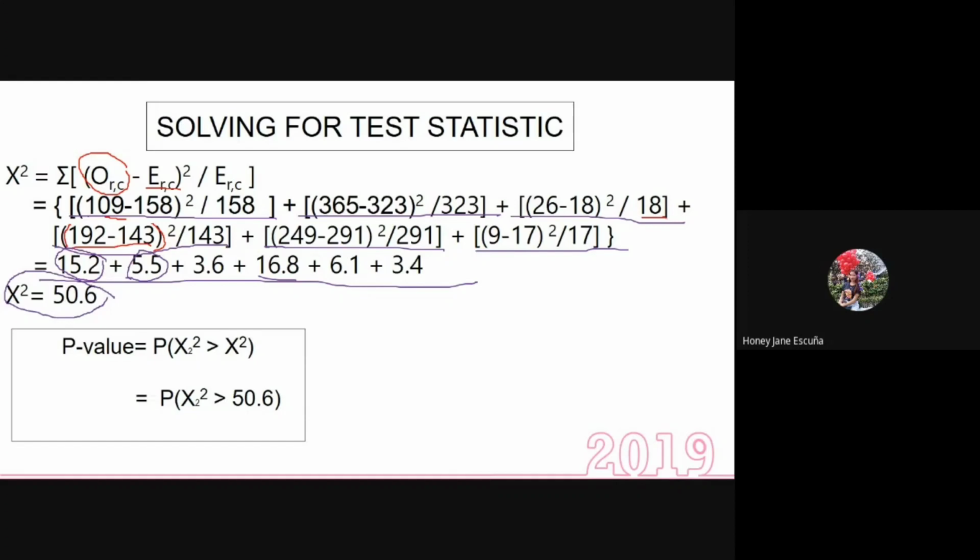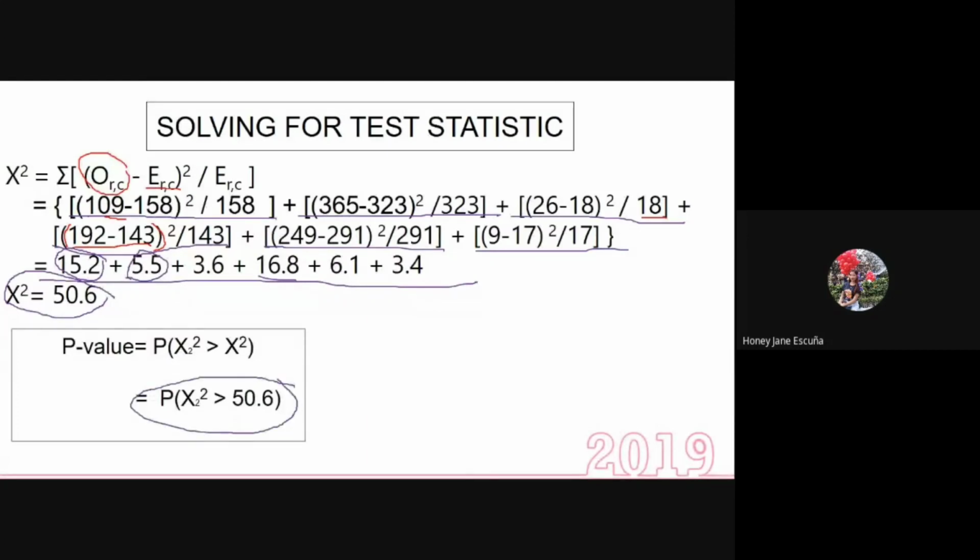The p-value is the probability of observing a sample statistic as extreme as the test statistic. So our p-value is greater than 50.6.